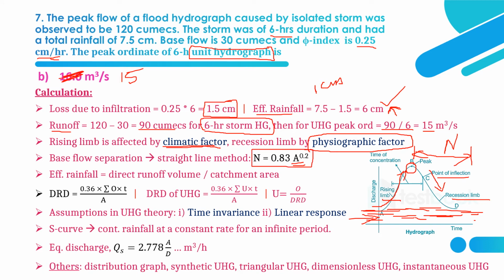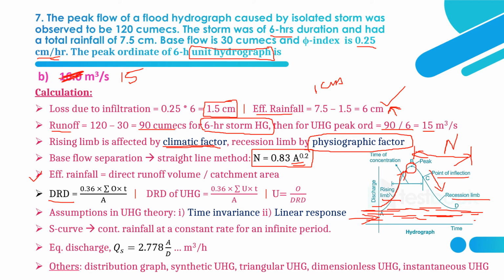And what is effective rainfall? Effective rainfall is direct runoff volume divided by catchment area. It is simple. And what is DRD? Direct runoff depth will be given as 0.36 into the summation of the ordinates into T divided by A. So what is O actually? O are the ordinates of the direct runoff hydrograph, DRH.